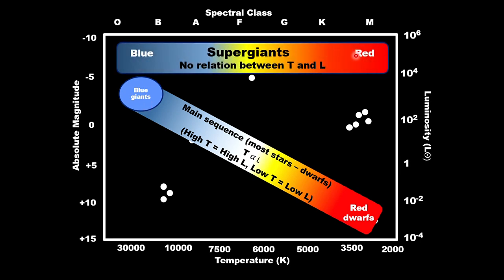Across the top of the HR diagram, there's a strange band here that's horizontal. And remember, when we were talking about graphs, that means there's no relationship here. The blue supergiants are much, much hotter than the red supergiants, and yet they're about the same luminosity. They're higher temperature, but that doesn't seem to relate to the luminosity.